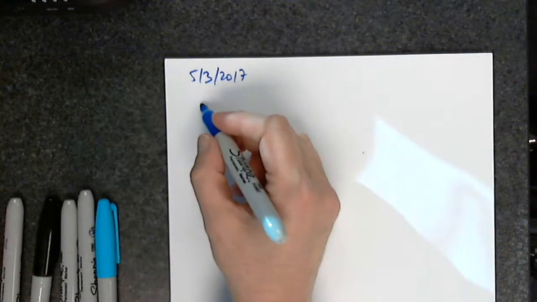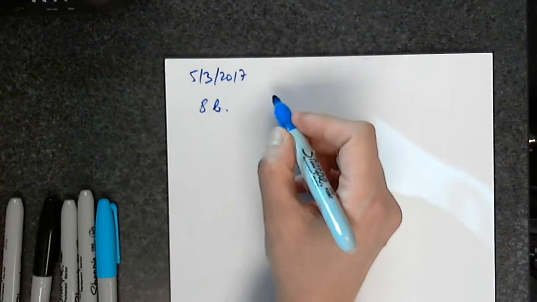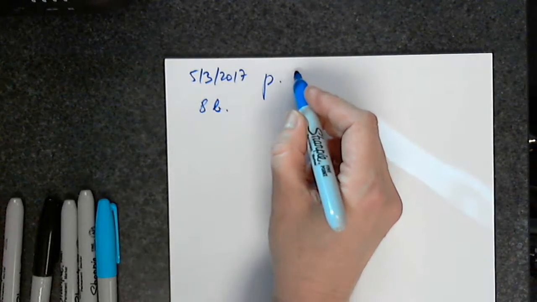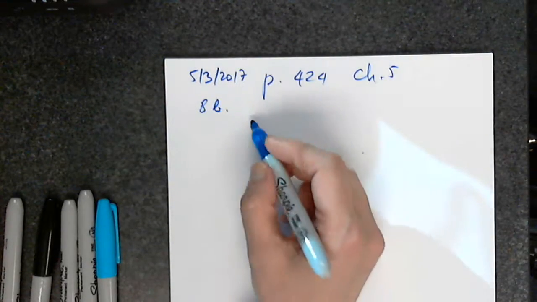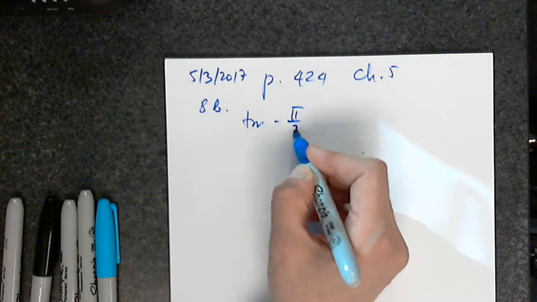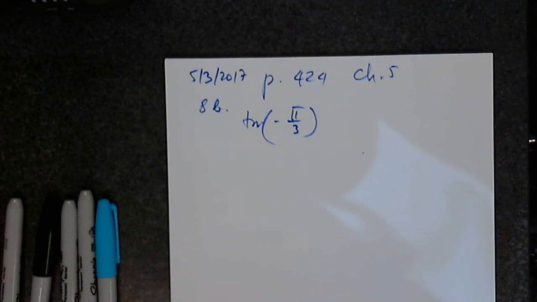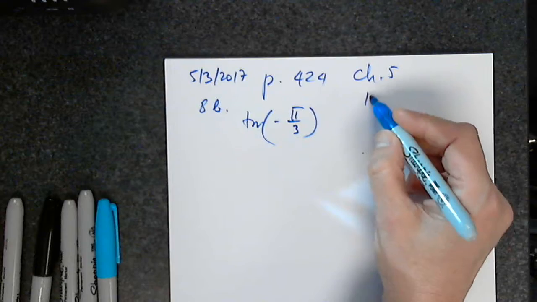So for example, 8b, page 424, end of chapter 5: tangent of negative pi over 3. That's one problem I would like to look at.